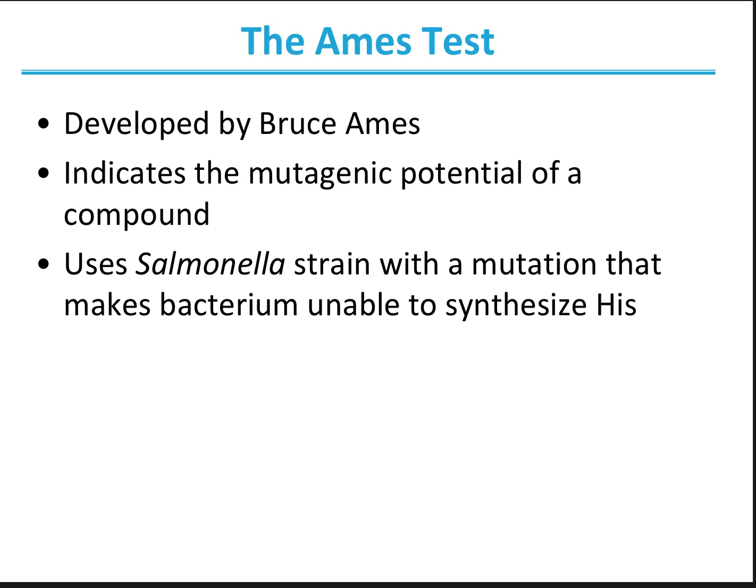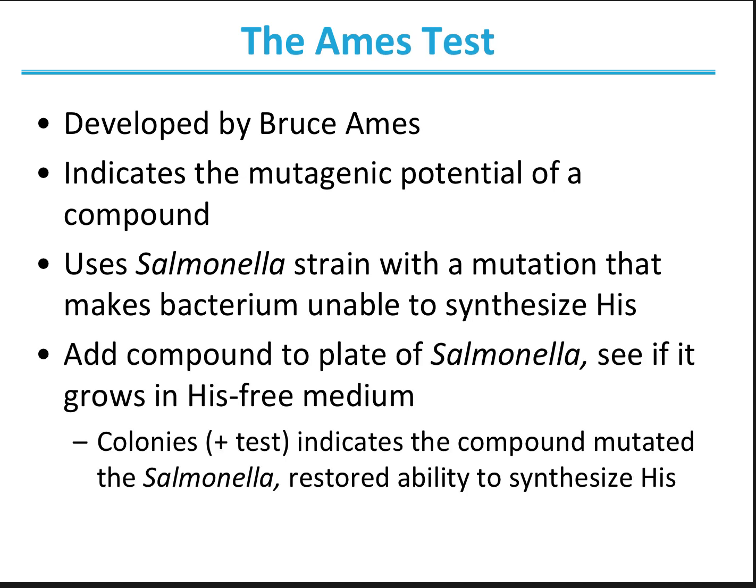If you plate these cells on a histidine-minus plate, they will not grow. In the assay, you add a compound to that plate of Salmonella and look to see whether or not it grows in histidine-free media. The presence of colonies indicates that the compound has mutated the Salmonella and restored its ability to synthesize histidine.